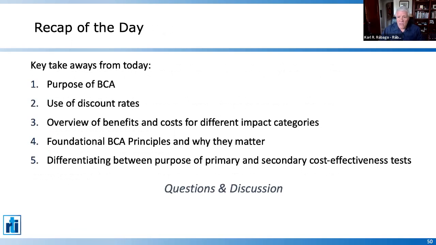So let's wrap up the day here and leave it open for any more questions and discussion that we want to have. Today we've visited the purpose of BCAs and understand that they're not just used in the utility space, but what we're trying to do is figure out whether a program or procurement goes forward, whether it is economically cost effective.